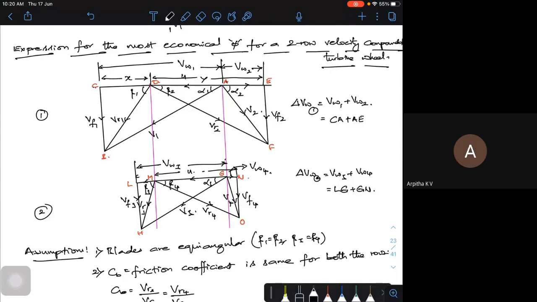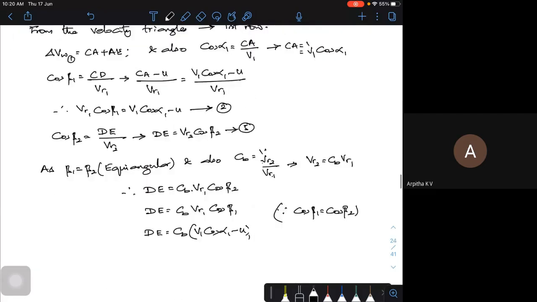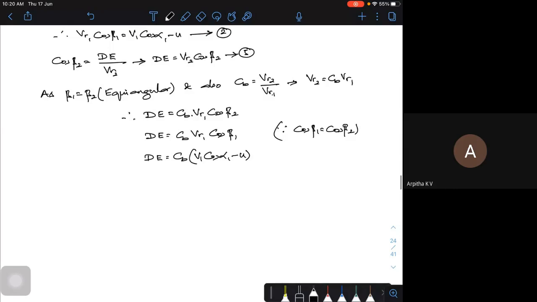AE is equal to DE minus U. So from the triangle, I can write AE is equal to DE minus U, or AE is equal to CB into V1 cos alpha 1 minus U, minus U. Let me call it equation number 4.